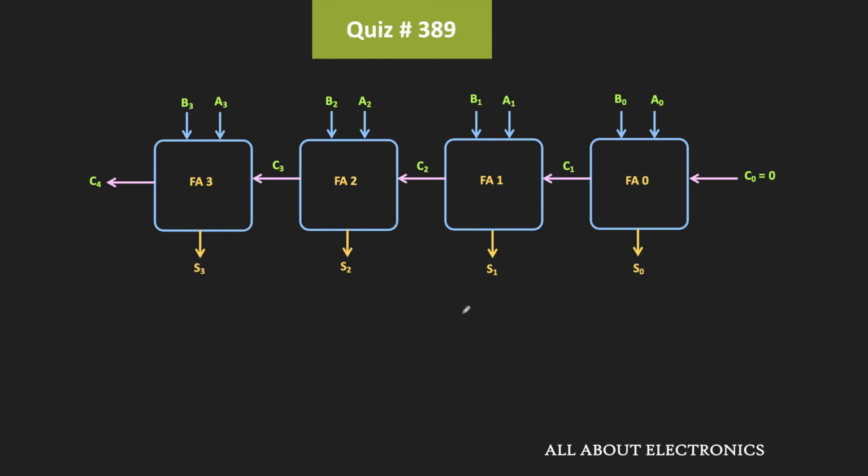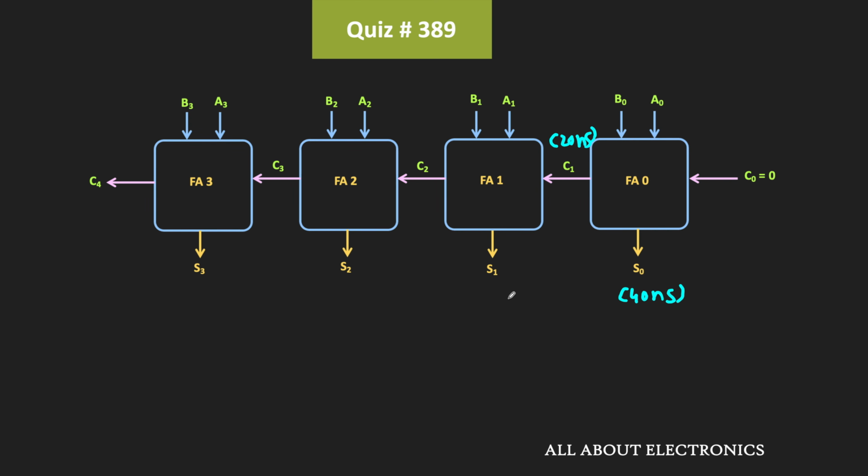As soon as the input bits are applied, this first full adder will generate the sum bit in 40 nanoseconds while it will generate the carry bit in 20 nanoseconds. That means the valid carry to this FA1 will be available after 20 nanoseconds. And as soon as this valid carry input is available, it will generate its sum output after 40 nanoseconds.